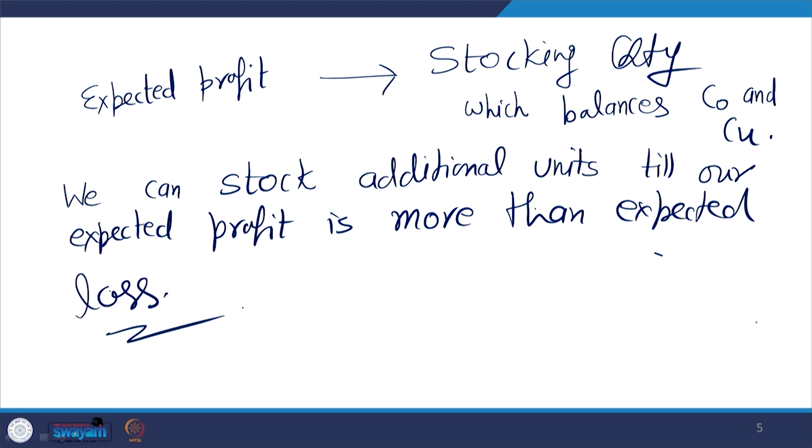So, as long as by stocking additional units, we have Q units, 30 units in our stock, and by stocking 30 units, my expected profit in this example is 5 rupees 25 paisa. Now, if I decide should I stock 31 units, if by stocking the 31st unit the increase in expected profit is more than the expected loss, I will like to stock the 31st unit. But if by stocking additional units my expected profit decreases, then I will not like to stock additional units.